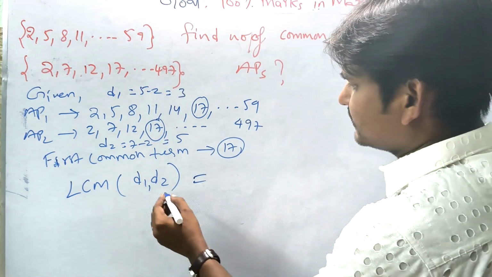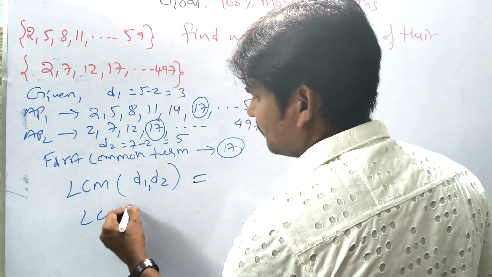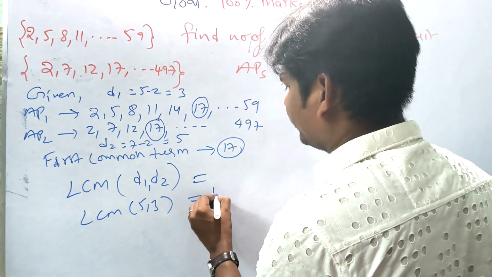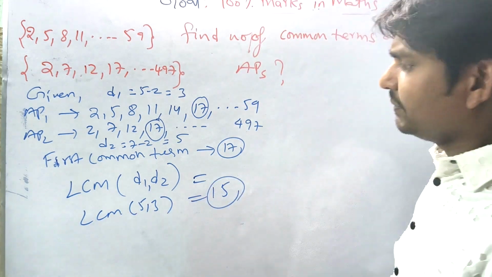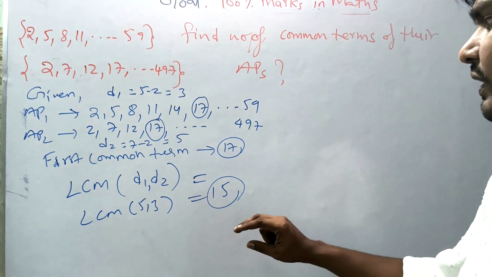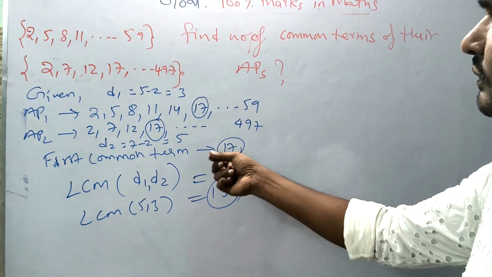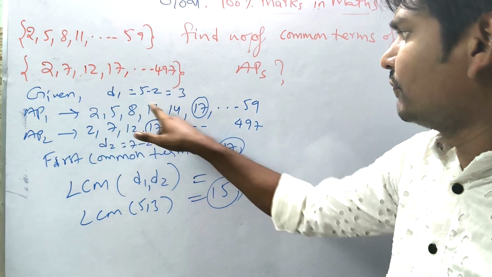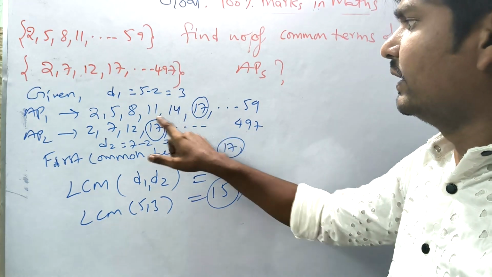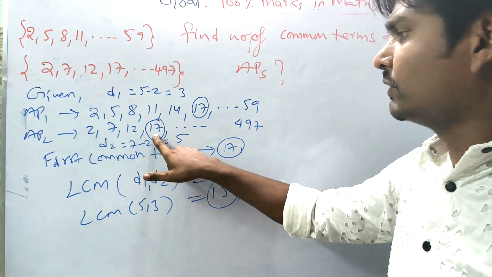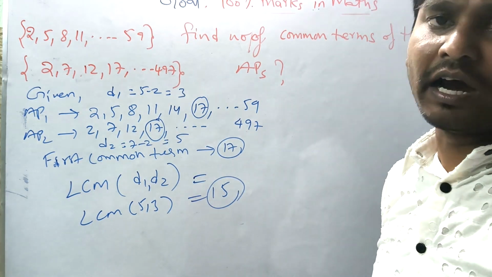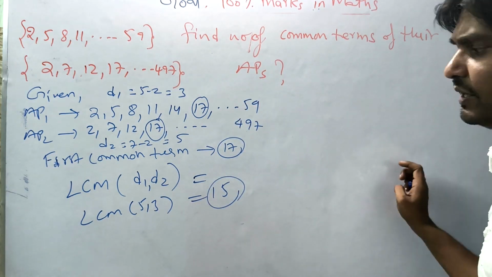Now if you take the LCM of 5 and 3, you will get 15. Which means after adding 15 to the first term, you will get one term that is the same in both the APs, the common terms.